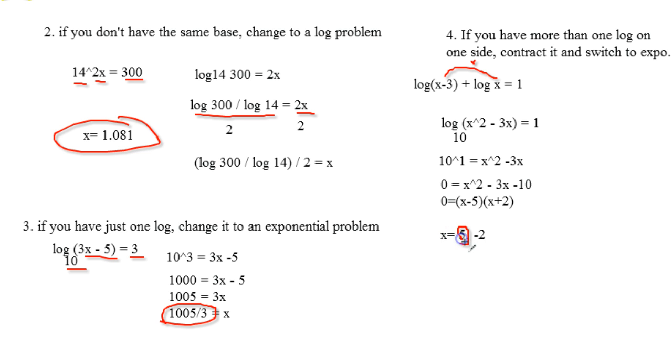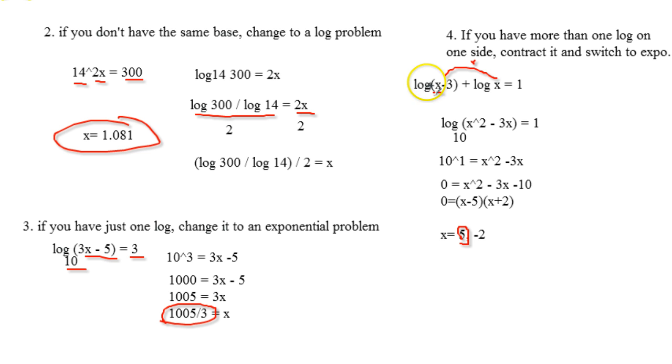Okay, now if I plug in 5, in here you can do subtraction, you just can't do subtraction between the two logs. So 5 minus 3 is 2, and then this becomes 5. Okay, and so we just do the timesing.